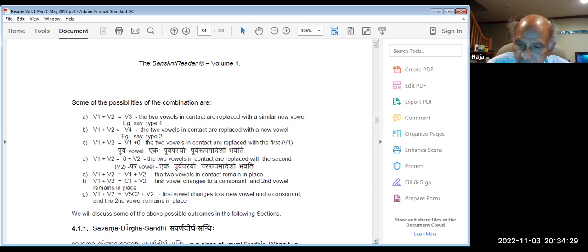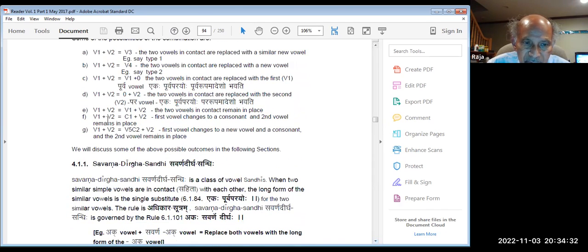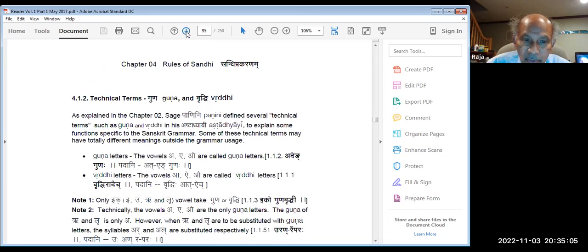Then V1 plus V2, V1 is replaced by a consonant, that is Yanadesha Sandhi. Now the last one is V1 plus V2 giving V1, a consonant C, and V2 remains as it is. These are all the possibilities, and if we do it this way, it sticks in your mind mathematically. That's how I do it.